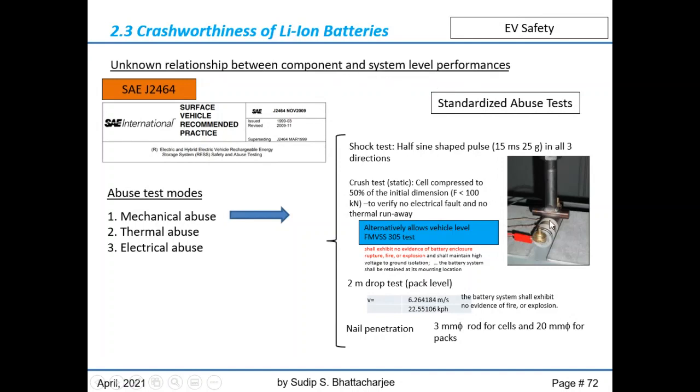Can we borrow some of the component level performance for the vehicle level design? Like, can I really assume that a battery system can undergo up to 50% of its initial deformation without getting into any kind of risk during the overall crashworthiness design of the vehicle? Is it possible or not? That's the question I'm starting with here.